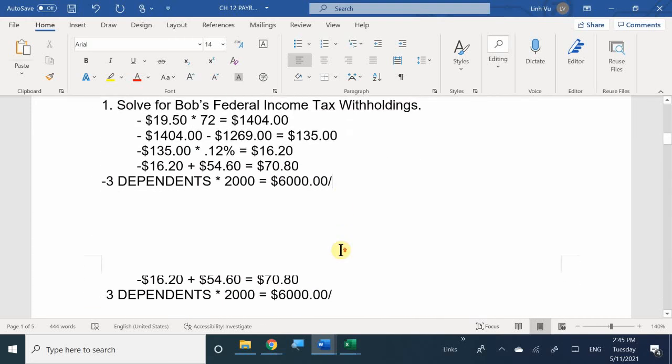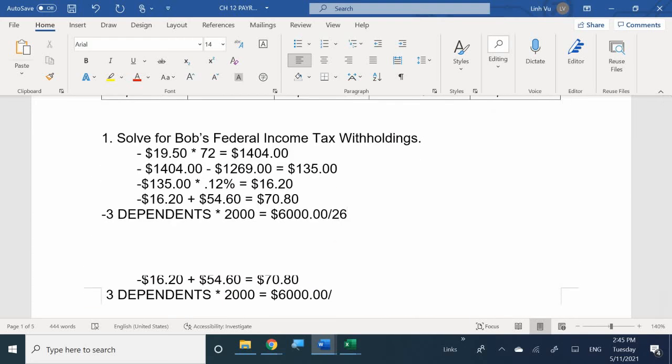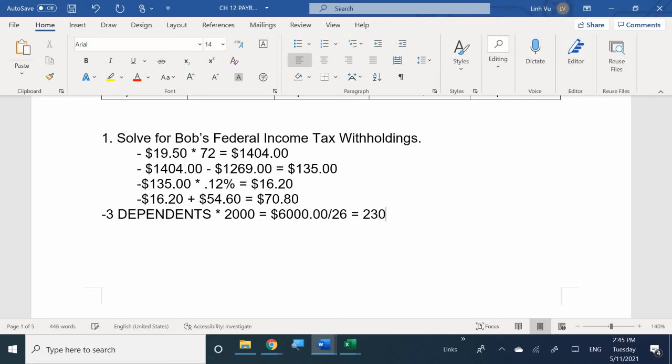So we're going to take the $6,000 and divide it by the 26 paychecks. How much per paycheck is for claiming the children? 230.77.